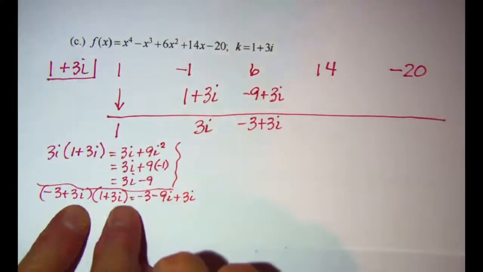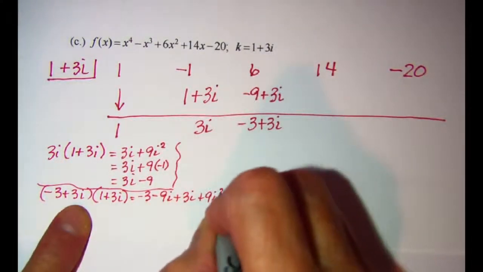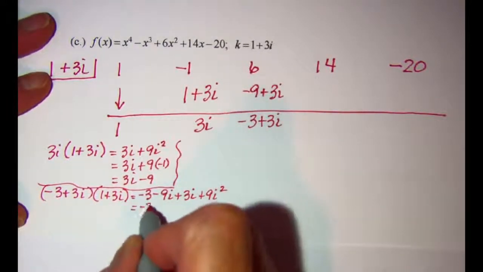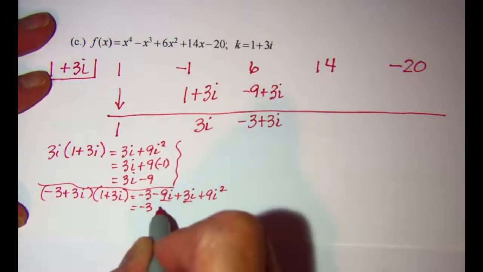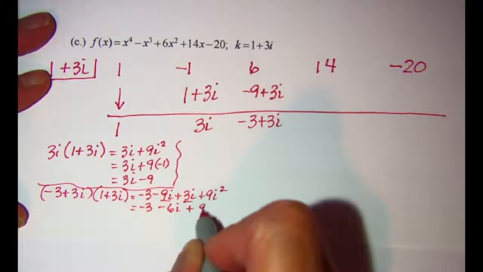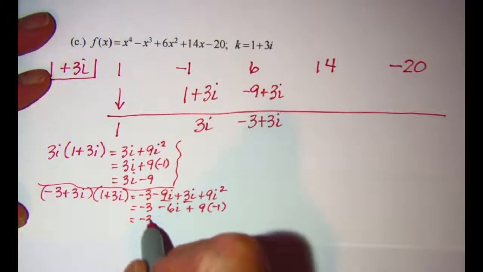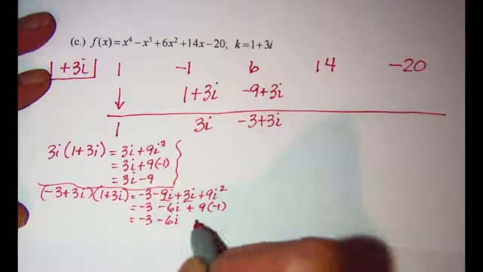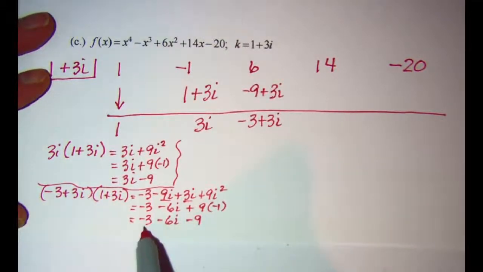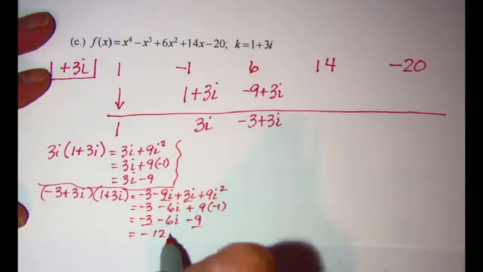And then 3i times 3i is 9i squared. Let's see, negative 9i and 3i combine to give me a negative 6i. And 9i squared is the same as 9 times negative 1. So I have negative 3 minus 6i minus 9. So negative 3 and negative 9 combine and give me a negative 12 minus 6i.